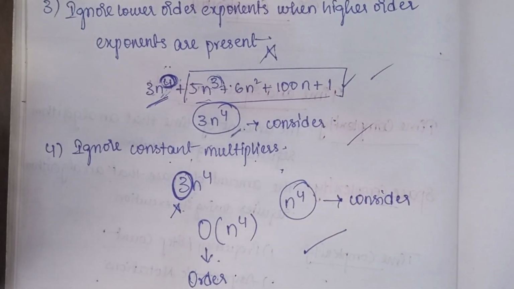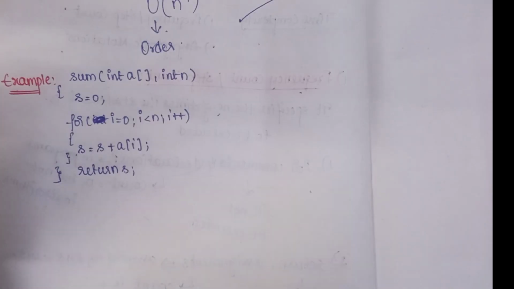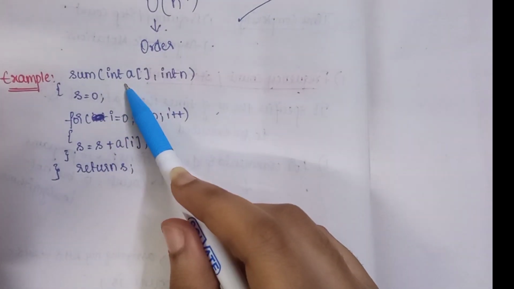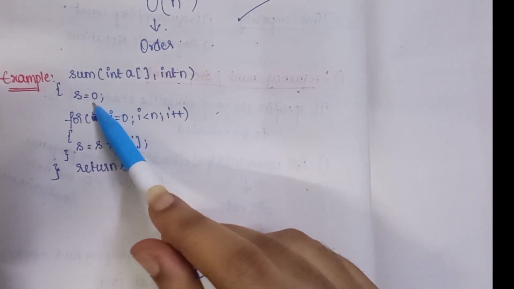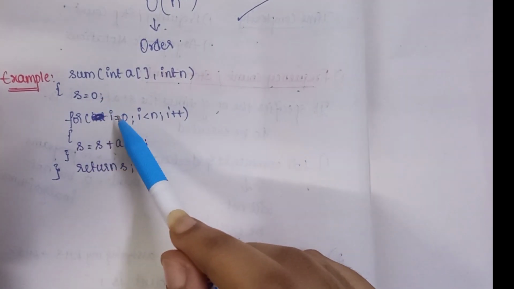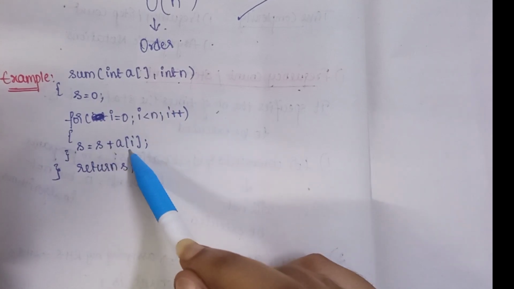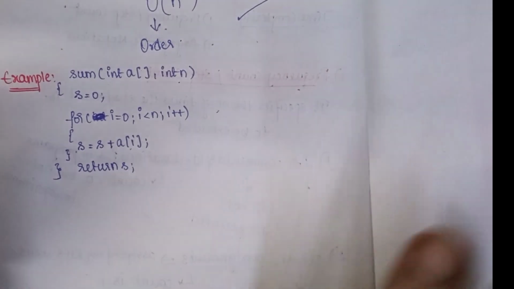Let us analyze this more clearly with the help of an example. Here I have an example: sum of int array a and int n. Then s is equal to 0. For i is equal to 0, i less than n, i plus plus, s is equal to s plus a of i, and then I write my return statement.